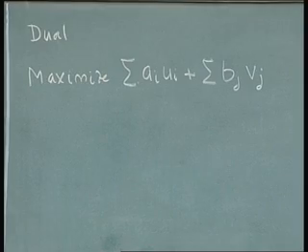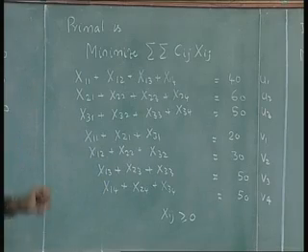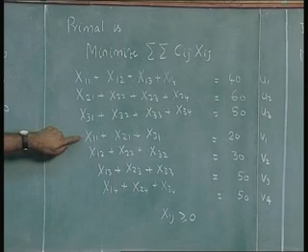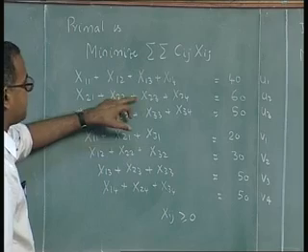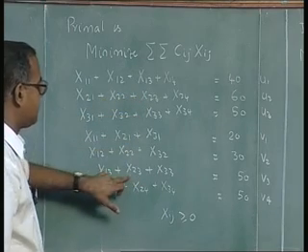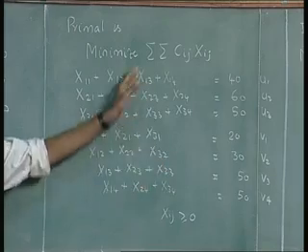Now we realize that every xij, for example x11, is in 2 constraints corresponding to u1 and v1. If we take x23, it is in 2 constraints corresponding to u2 and v3. So each xij appears in exactly 2 constraints.